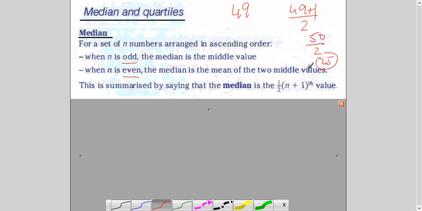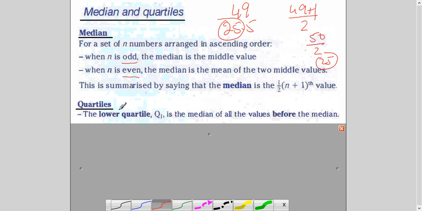So the data at the 25th place will give you the median. So please remember, in case of an odd number, you get exactly the place value at which you will pick up the answer. And in case of an even number, it comes in decimal, like in the example I just showed you, it was 25.5. So the 25th place, and the next whole number is the 26th place, right?